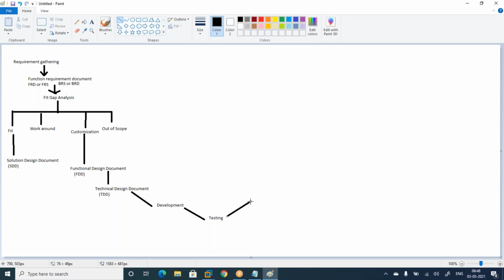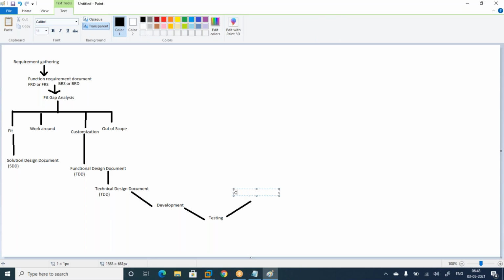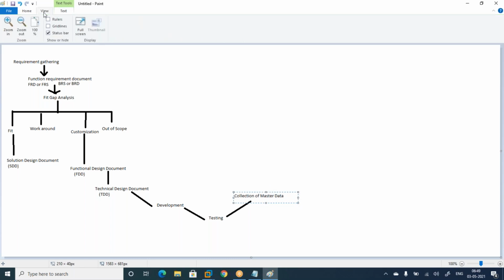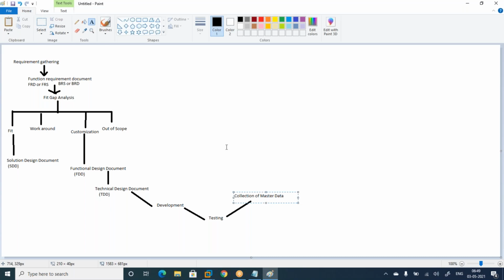You need to collect one more thing: collection of master data. We need to collect the master data.